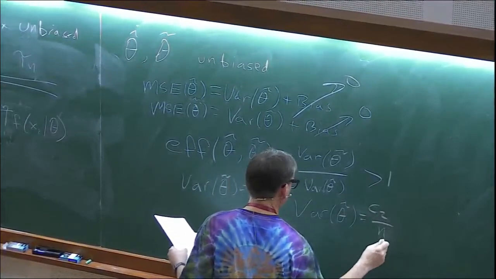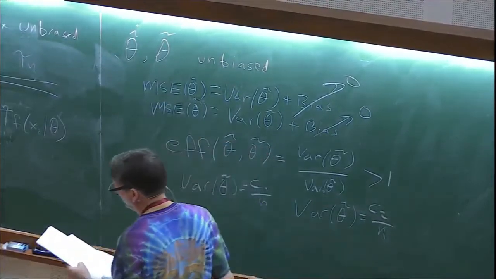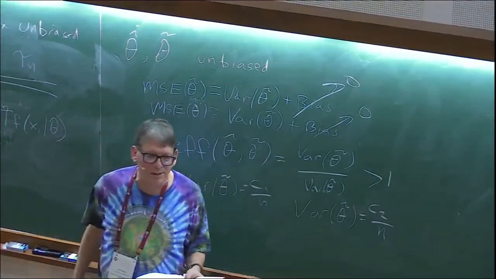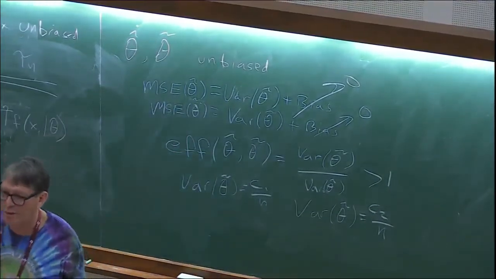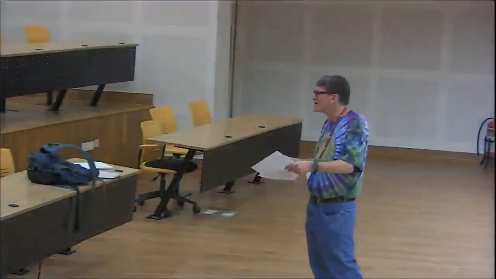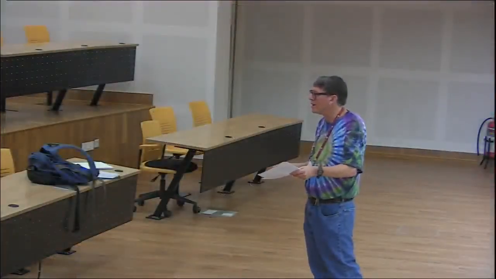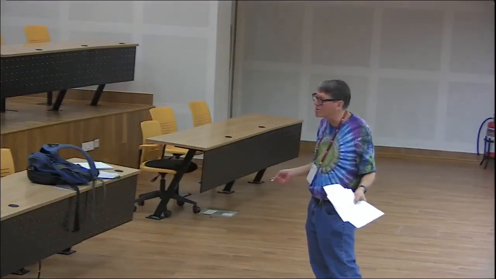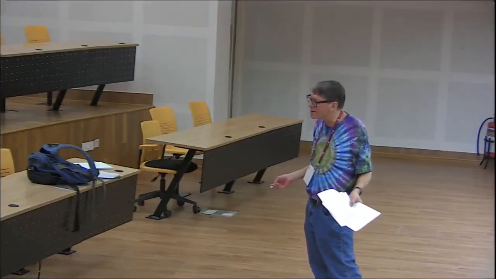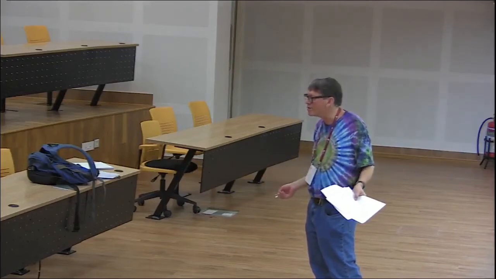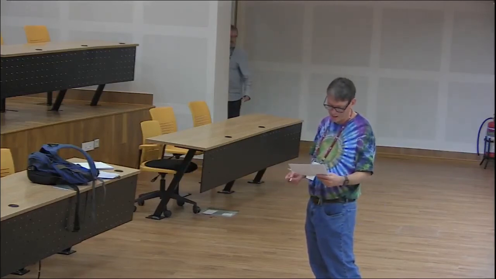You might be designing an experiment, and then you want to ask yourself, how many points do I need to measure so that my estimator has such and such an accuracy? Well, of course you want to use the best estimator possible, because if you use the best estimator, you can use the smallest number of data points in your experiment.